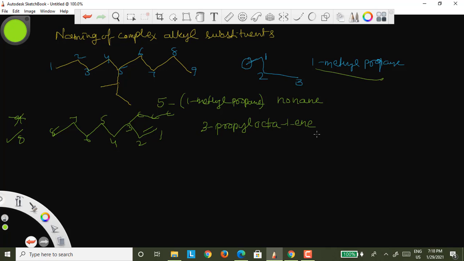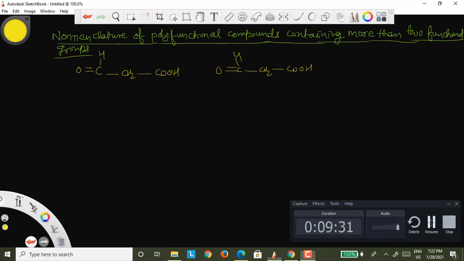Like this you can give the numbering and the naming of the compound.